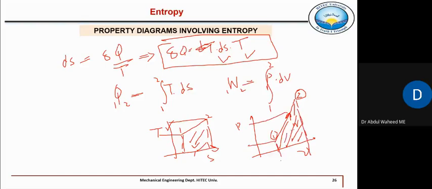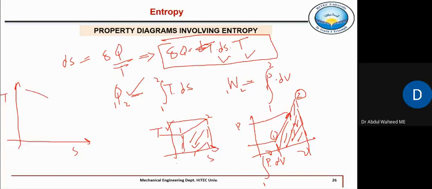So to calculate this area, we have to integrate this equation of this line P dV from 1 to 2. Similarly here, to find out the heat transfer, because T into S product, so P into V product gives work done, temperature into entropy change product gives heat transfer, right? So that's why we use TS diagram to estimate heat transfer, and PV diagram to estimate work transfer.